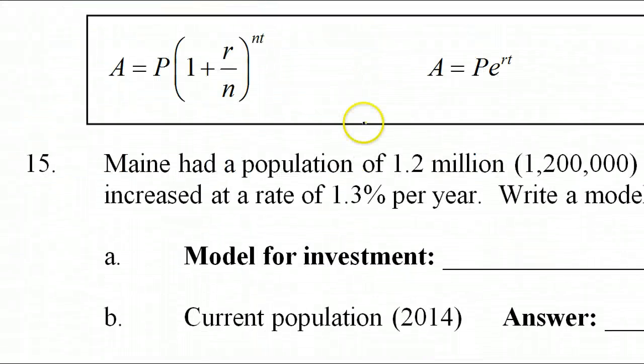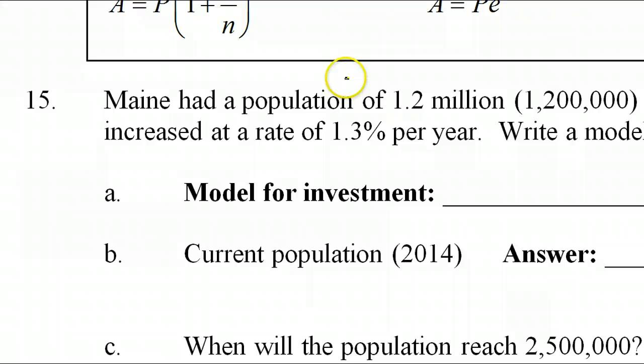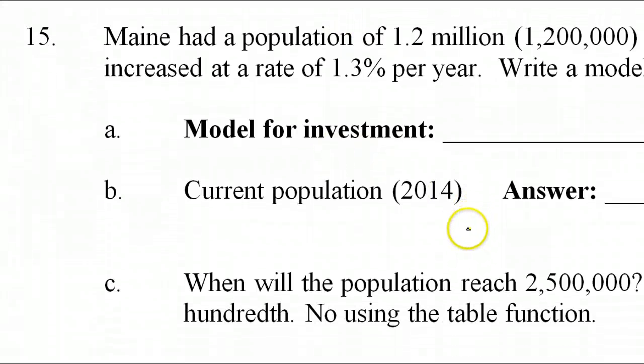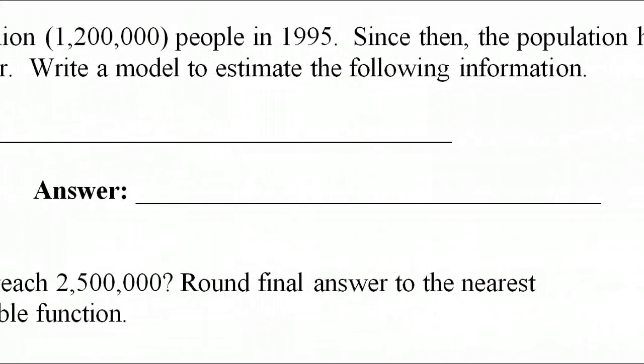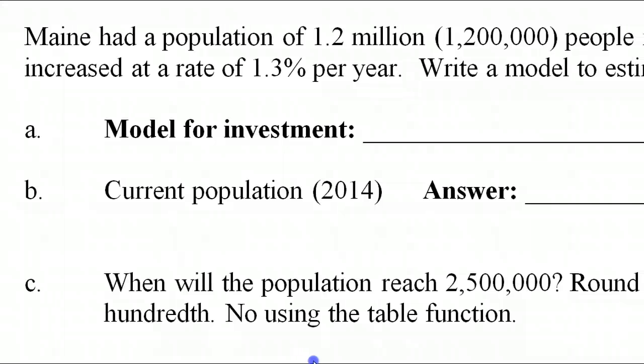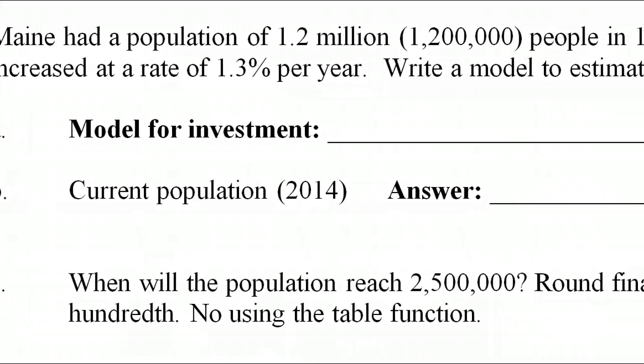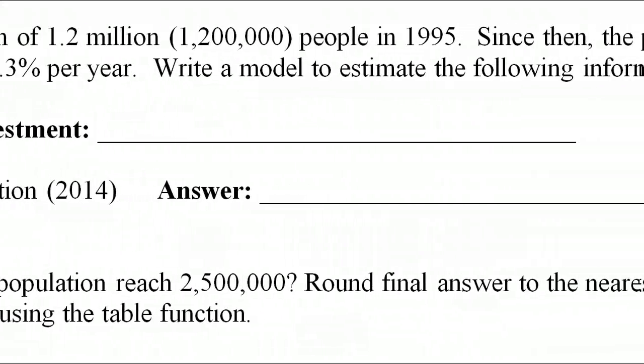Let's get on down to number 15. Maine had a population of 1.2 million in 1995. Since then, the population has increased at a rate of 1.3% per year. Write a model to estimate the following information.